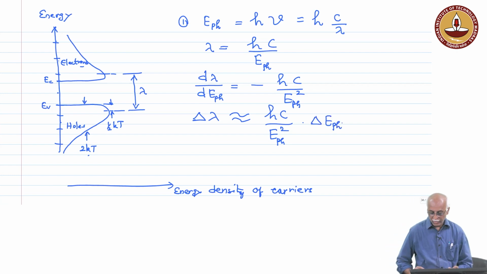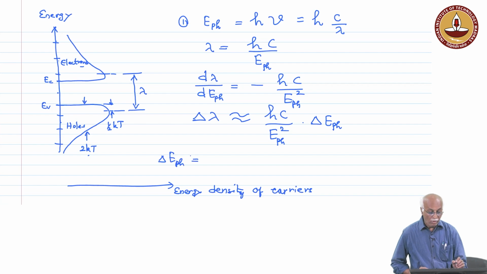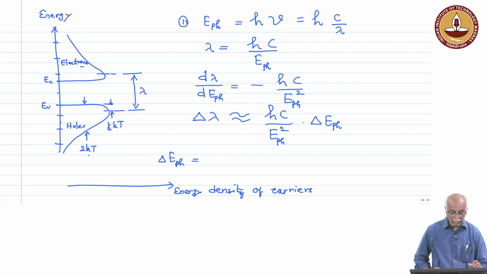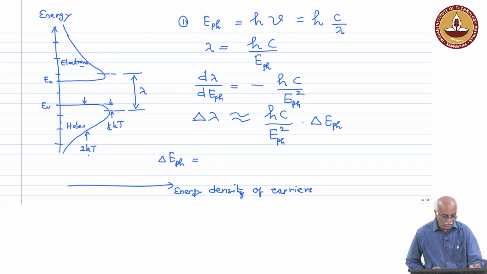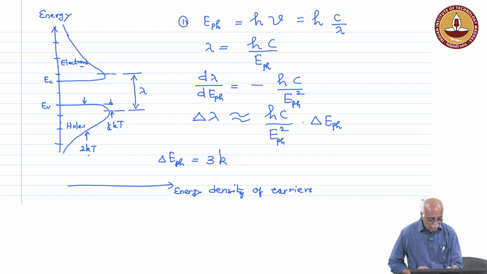Now, this delta E_ph, the bandwidth for any semiconductor material based on this energy distribution shown over here, is given by 3 times k_B T, where k_B is the Boltzmann constant.